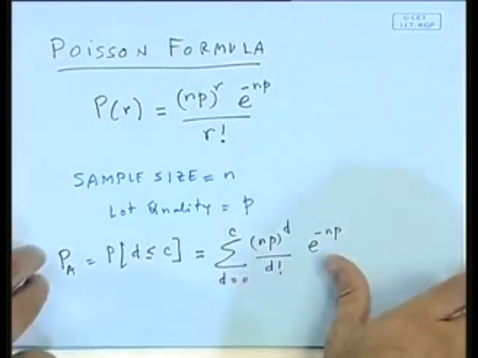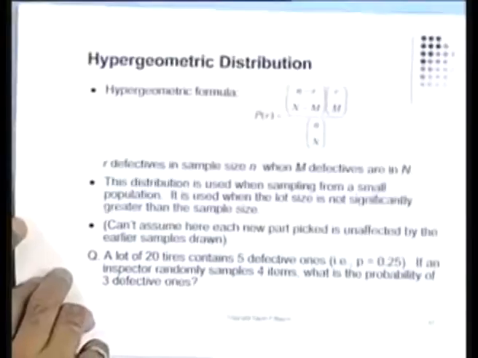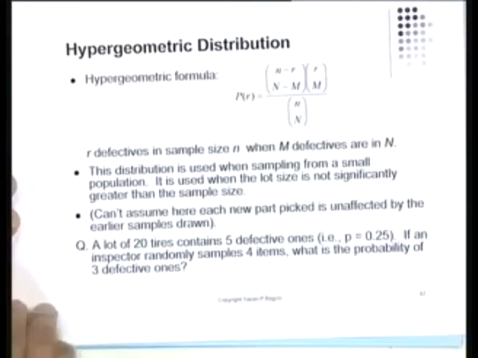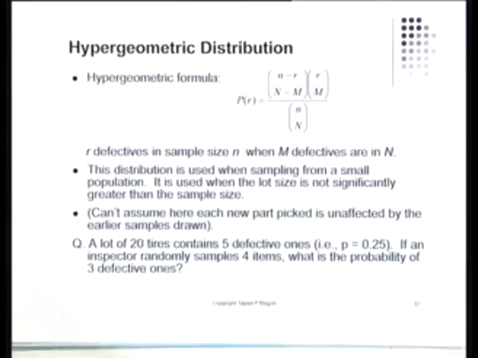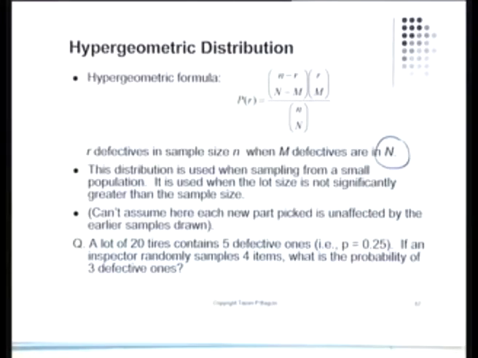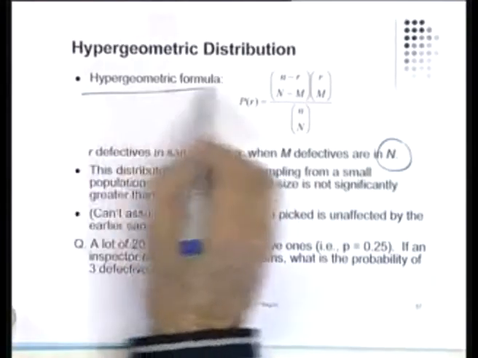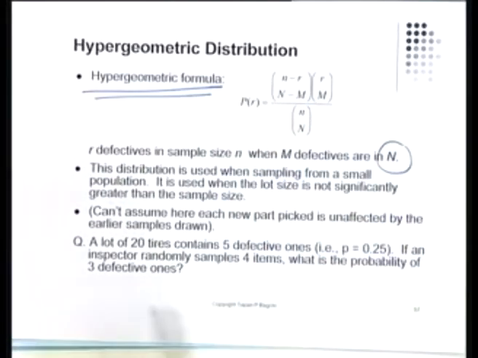And if it turns out that my sample size is little n, but my lot size is finite and big N is not too large, in that case I'll be using the hypergeometric distribution. There the formula is given by this, and again I can work out the exact formula for PA, the probability of accepting the lot.